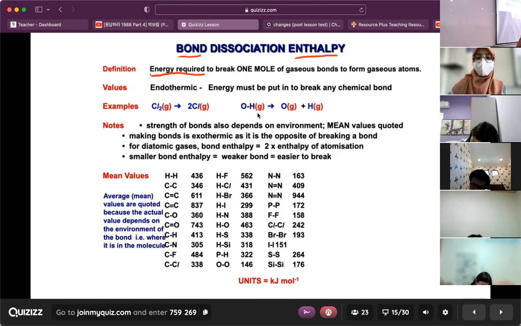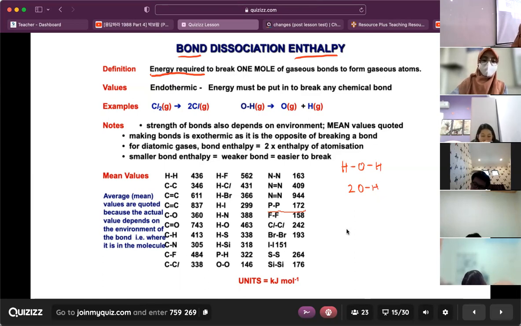Okay, and if it's water, how much energy do you need to break down a water molecule? Water, chemical bonding HOH. So the bonds of water is HOH, which means you need to break 2 OH bonds, right?